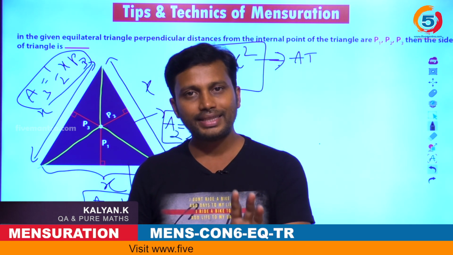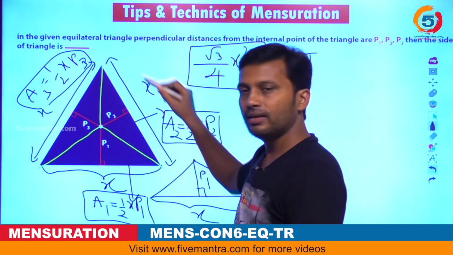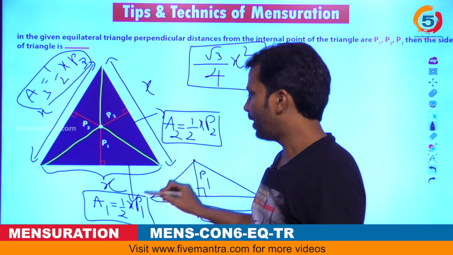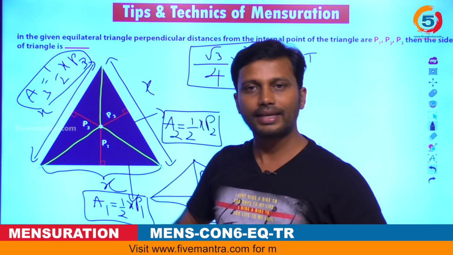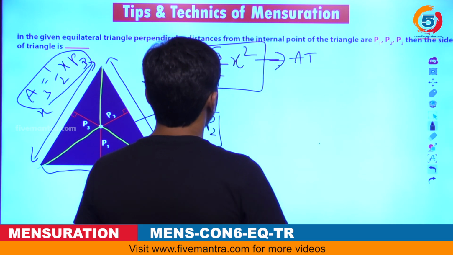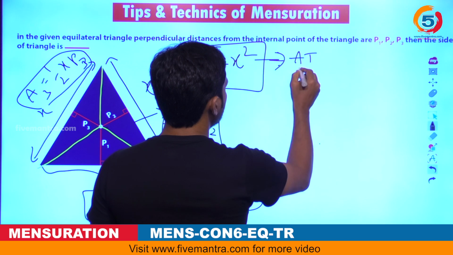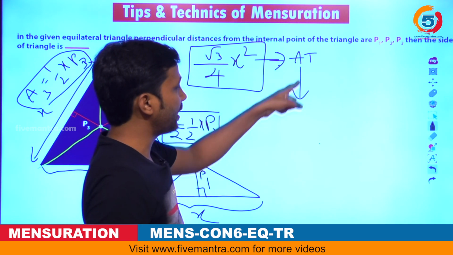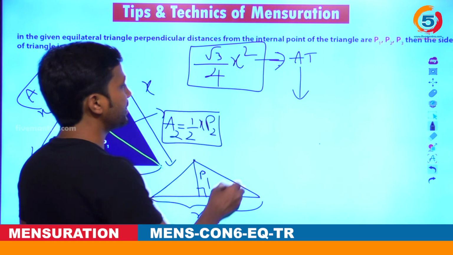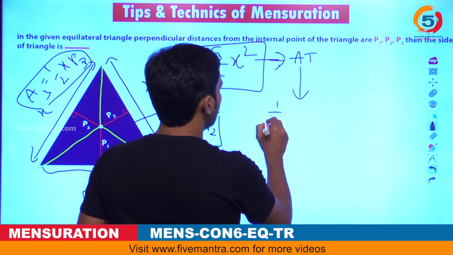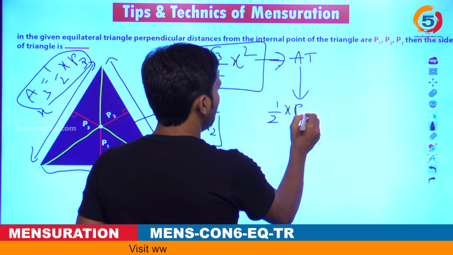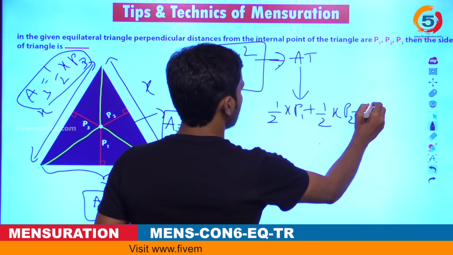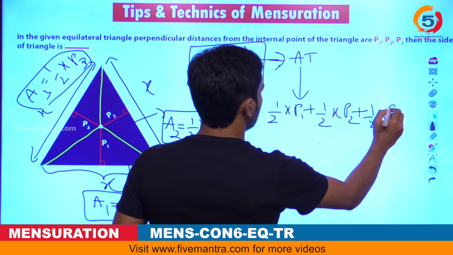Now if you want to get the area of this bigger triangle, what do we need to do? I think you got it. We need to add all these areas to get the bigger triangle's area. So the area of the bigger triangle is given as half x P1 plus half x P2 plus half x P3.